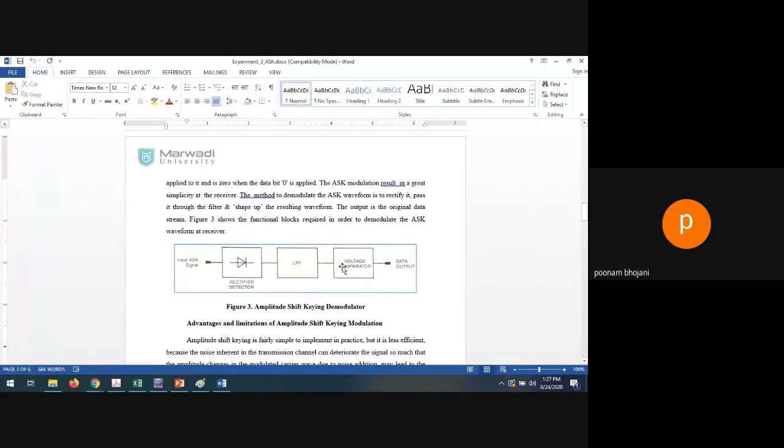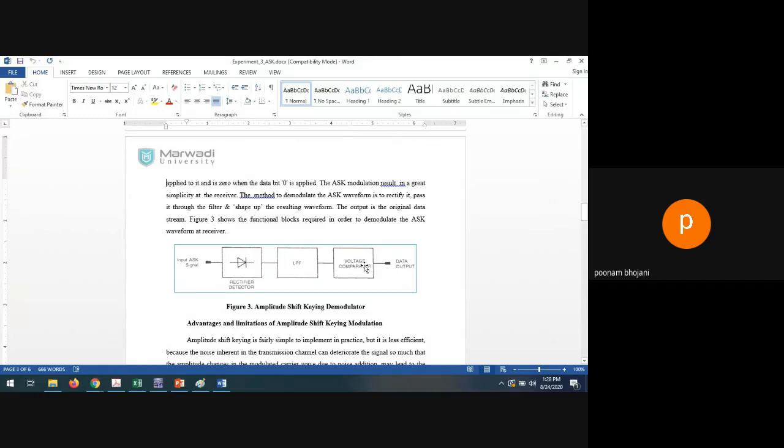And third is the voltage comparator. The voltage comparator is the only extra block in the ASK demodulator compared to the AM demodulator. In the AM demodulator, only two blocks were there, the rectifier and the RC low pass filter. But here the voltage comparator is there. Let me tell you why it is required. A voltage comparator will compare the output of the low pass filter with a reference voltage.